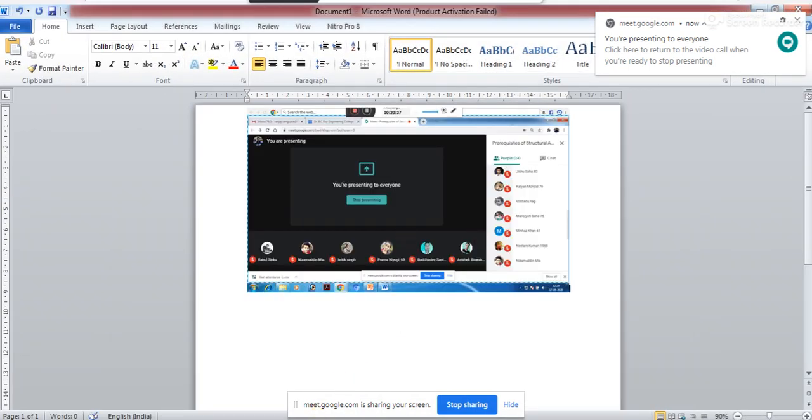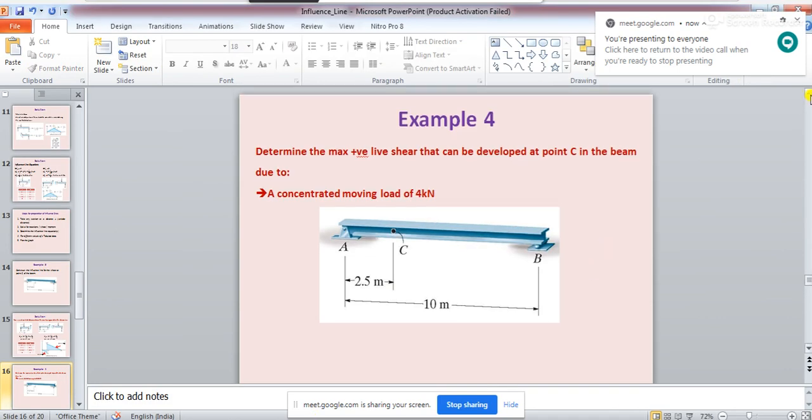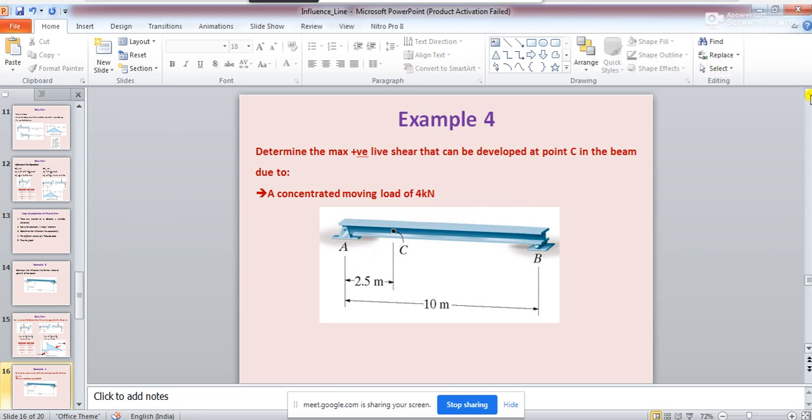Okay, so now let's go to the next problem, the application of the influence line diagram. Now you see what you have seen in the influence line diagram. While constructing an influence line diagram, we are taking a load of dimensionless quantity of unity, right? A unit load, a dimensionless number. That's what we are doing.